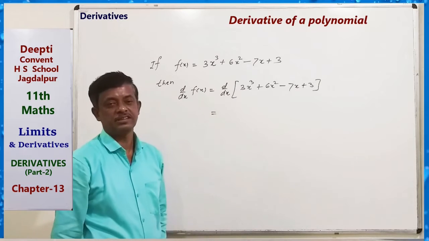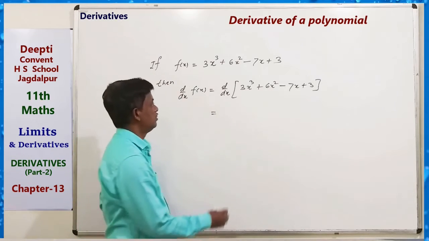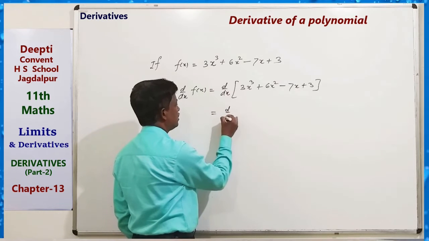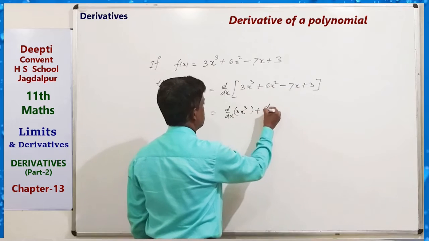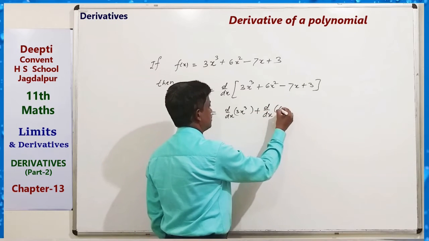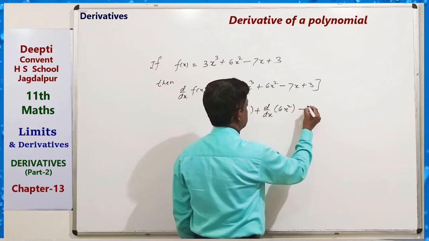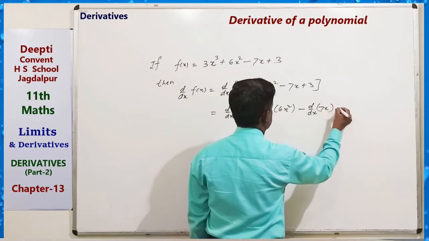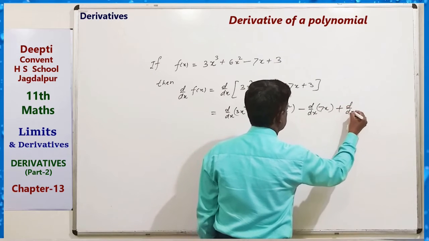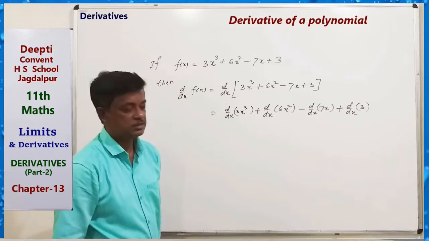Directly, as a rule for the derivative of a polynomial, we can distribute it: dy/dx of 3x cube plus dy/dx of 6x square minus dy/dx of 7x plus dy/dx of 3. The derivative of a constant is 0.